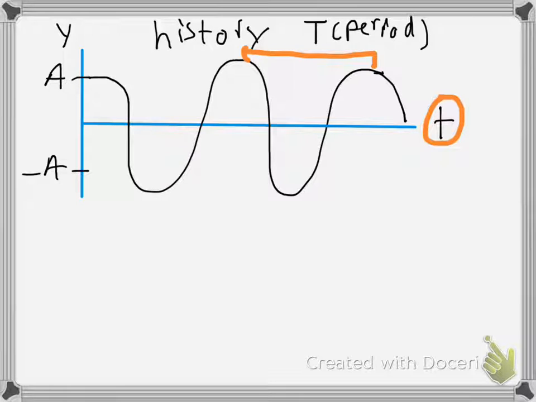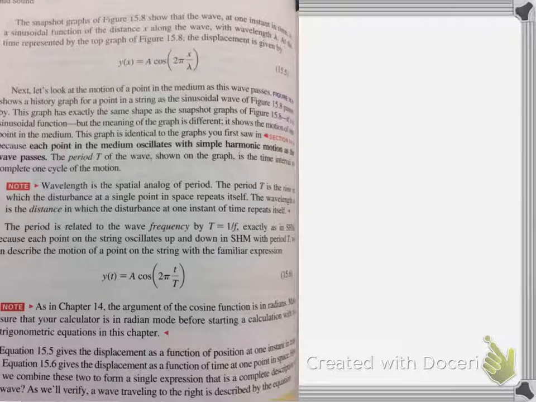chapter 14. And speaking of chapter 14, from simple harmonic motion, with simple harmonic motion we were usually talking about horizontal motion with springs and things.